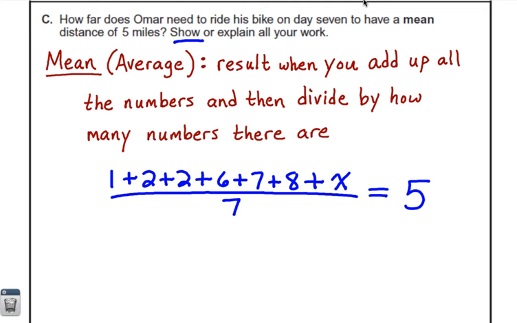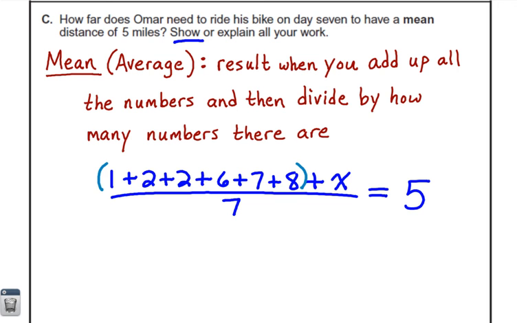Because essentially what I have right now is an equation using the mathematics from calculating mean. I have an equation that I can now just solve for x and get x by itself. The first thing I'm going to do is combine all of these together. All right, and that's going to be 1 plus 2 plus 2.